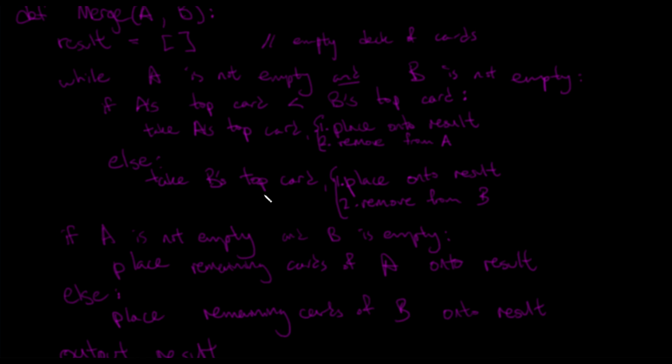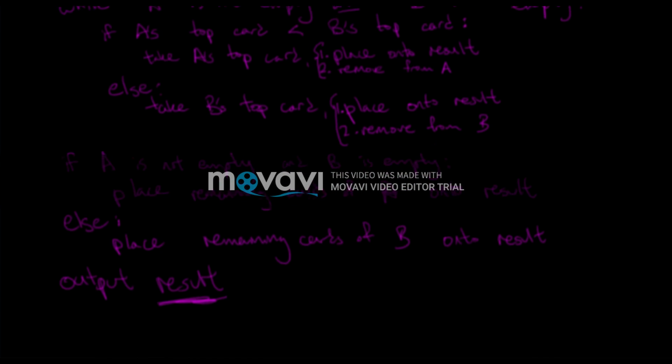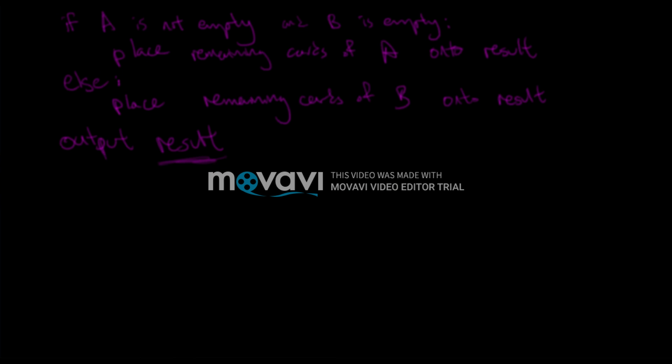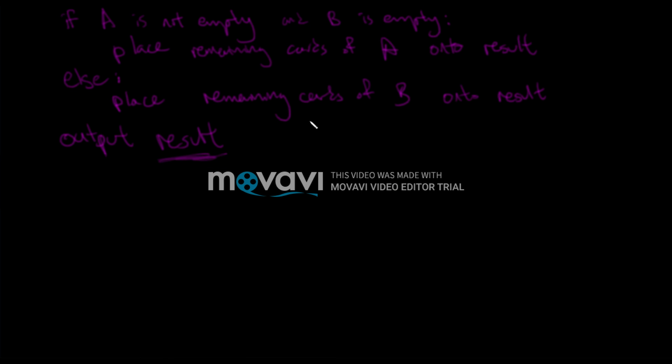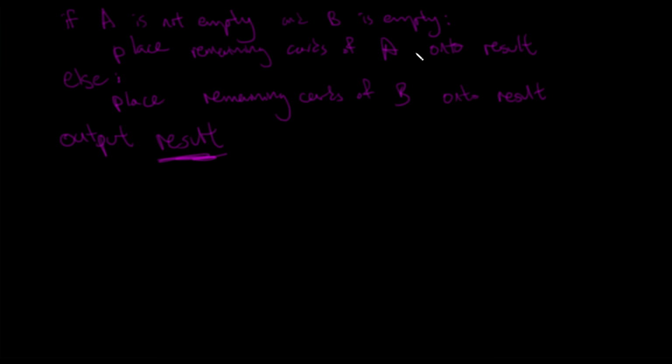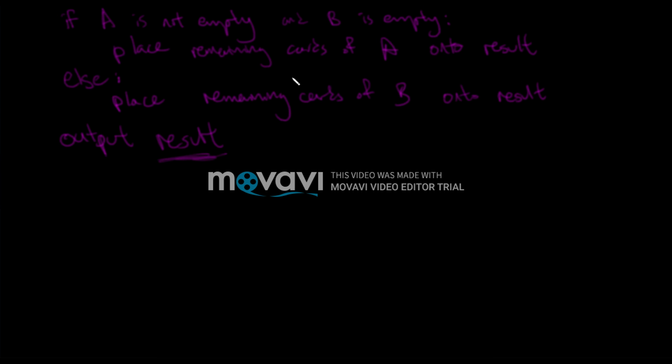Likewise if B's top card is smaller. And we had the case where just one of these decks is not empty, but the other one is empty. Well, in that case, like in our example, we're just going to keep taking the non-empty array and place those remaining cards onto our result. And finally, we have a result.